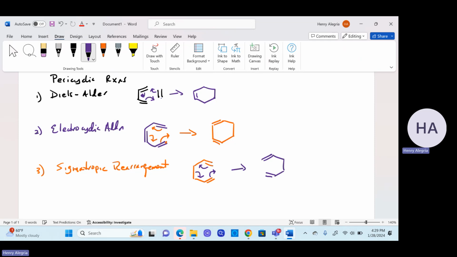Remember when I was doing Diels-Alder, I said it's always a good idea for you to keep track of your carbons. That way you don't suddenly have problems trying to come up with the product, or suddenly lose carbons or add carbons. So I'll do the same here, and you can see where things end up.